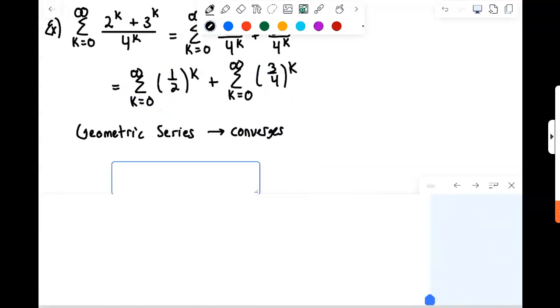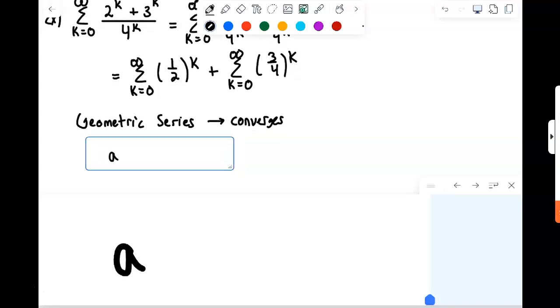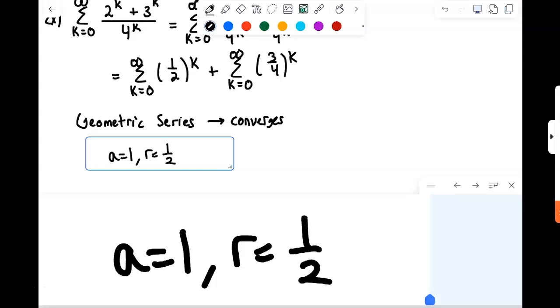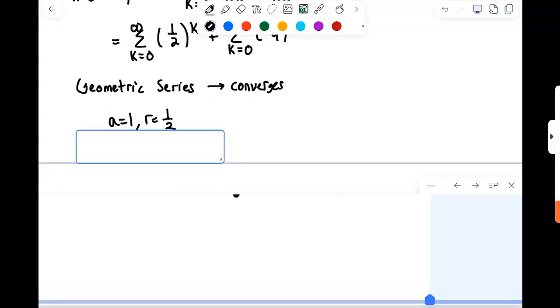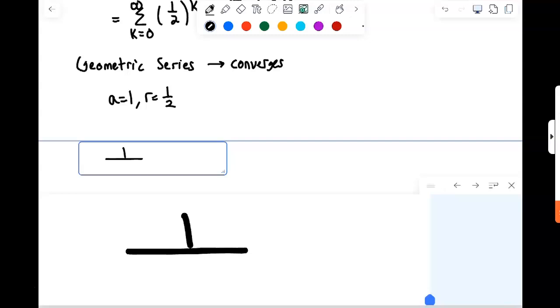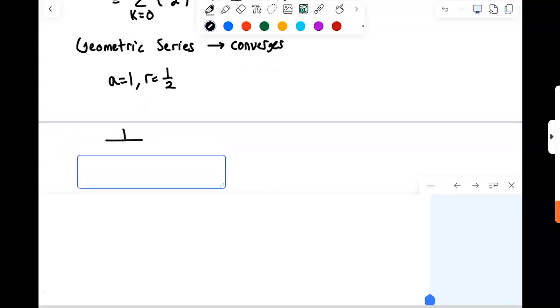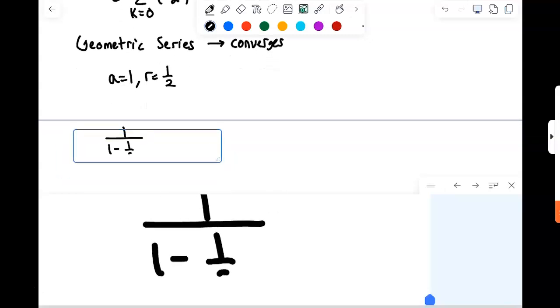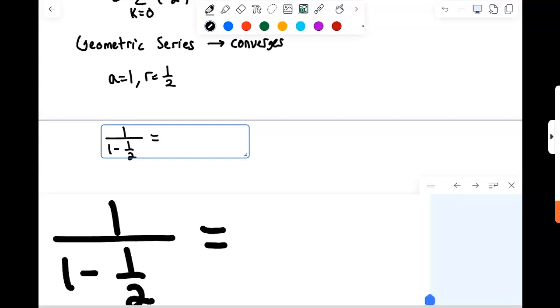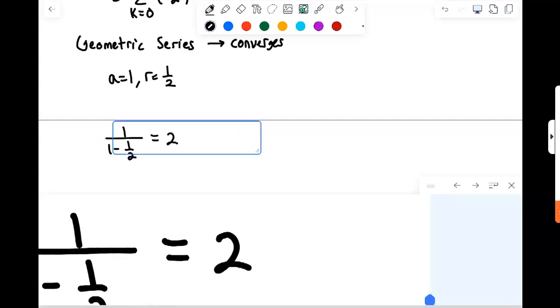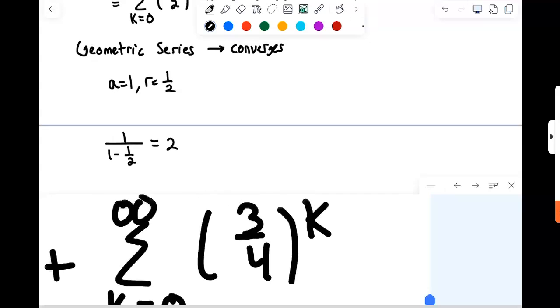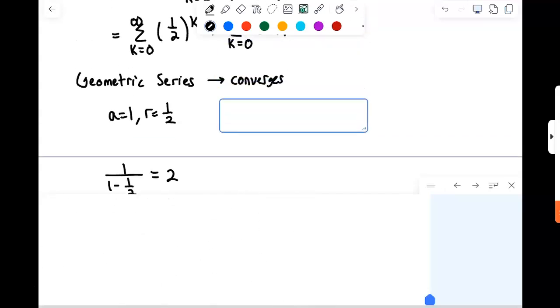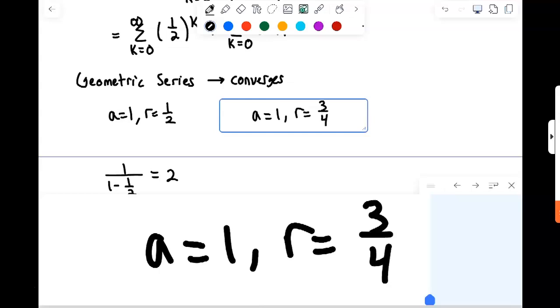My first series there, a is 1, and the ratio is 1/2. So that series would converge to a over 1 minus r, which would be 1 over 1/2, which would just be 2. And in my other series, a is also 1, and r is 3/4.